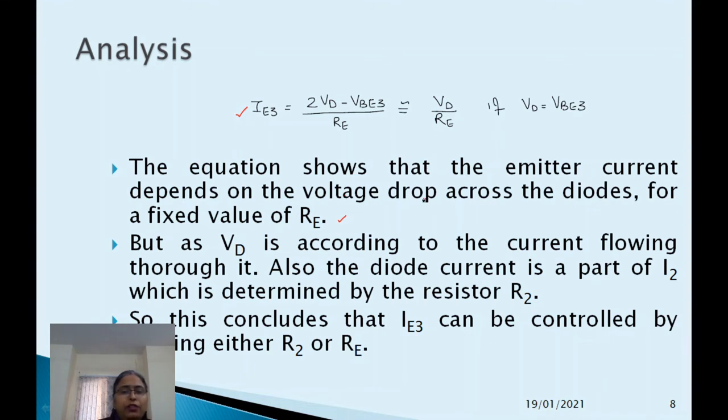The diode current is a part of I2, which is determined by the resistor R2, as we have seen that I2 is equal to ID plus IE3. So if ID is changing, I2 is fixed, so I2 is responsible for these two currents, and this I2 current is determined by the resistor R2. So it is concluded that IE3 can be controlled either by R2 or RE.